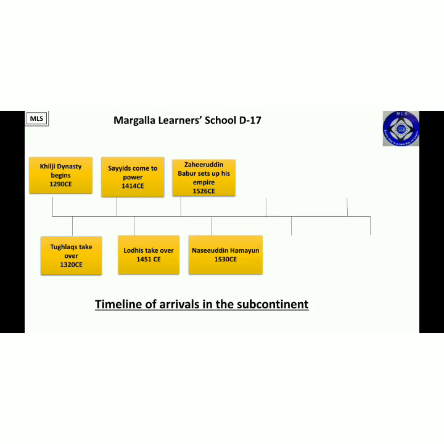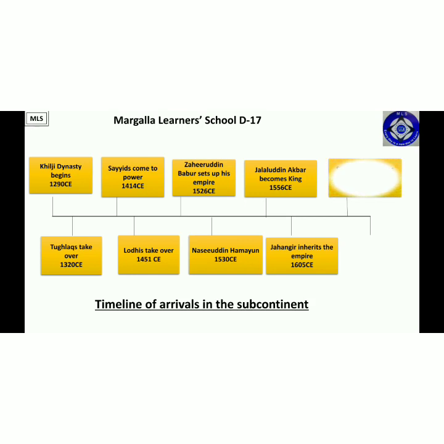And then Nasiruddin Humayun in 1530 Common Era establishes his empire. And then Jalaluddin Akbar becomes king, and this is the story of the 16th century, 1556 Common Era. And then we have Jahangir, who inherits the empire of Jalaluddin Akbar, and after him, Shah Jahan becomes the next emperor, as you have heard of his stories regarding the building of certain famous palaces in the subcontinent.